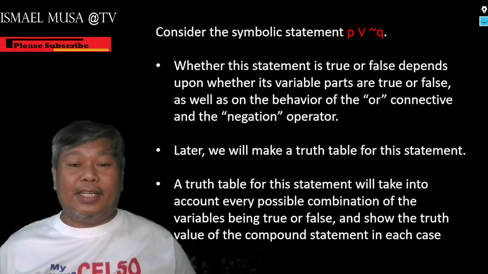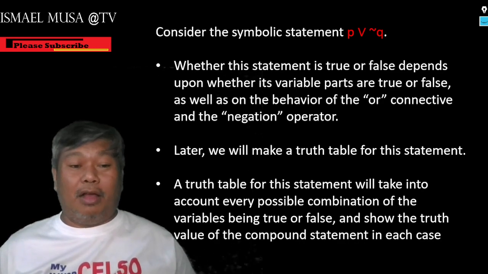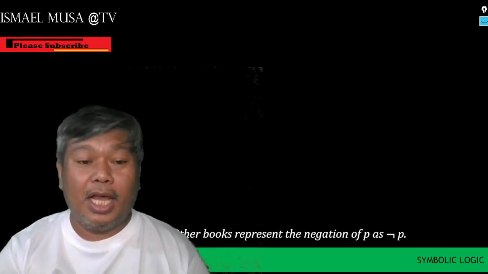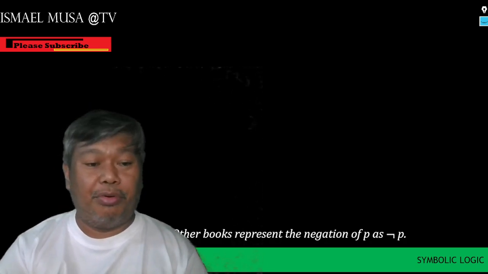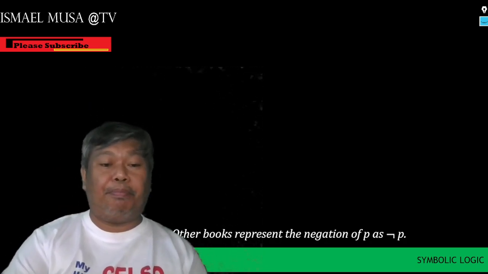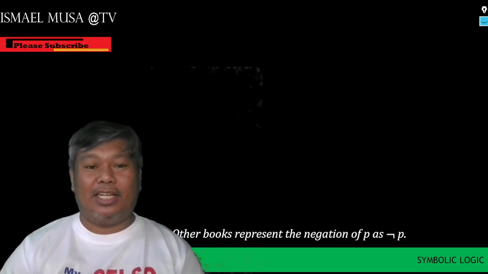In this case, since it's P and Q, we expect, according to probability, four possible combinations. By the way, some other books represent the negation of P with this symbol instead of the tilde earlier.